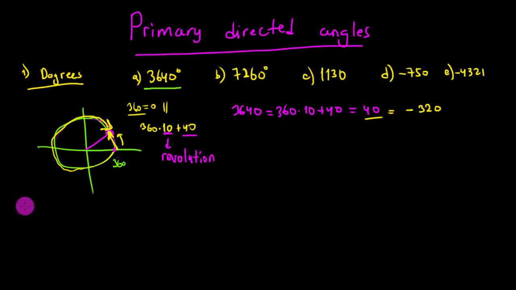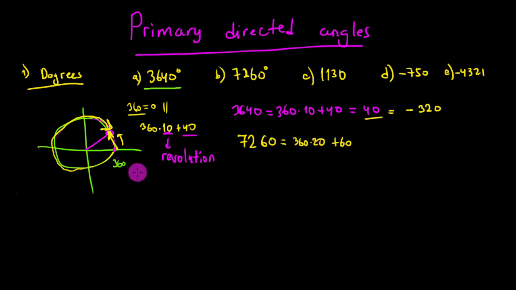Let's look at B. So this one you could write as 7260 equals 360 times 20 plus 60.